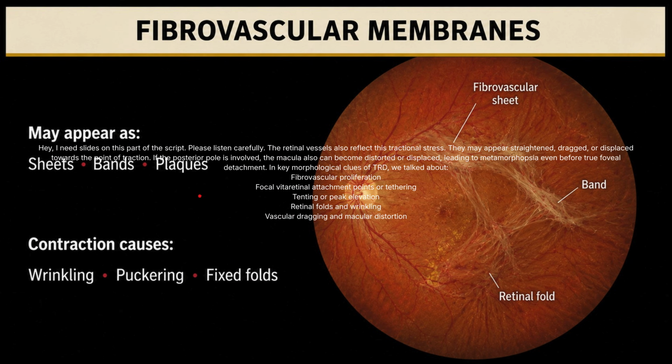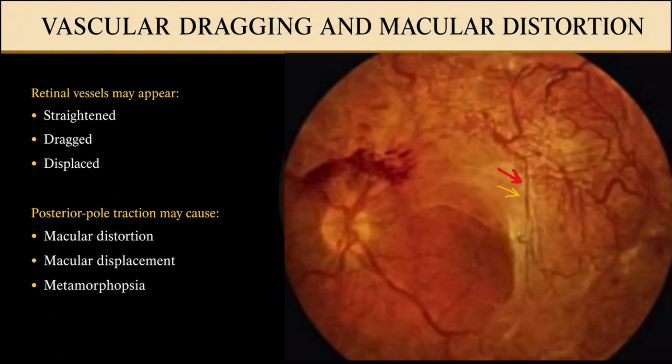Also, fibrovascular membranes may be visible as sheets or bands or plaques on the retinal surface. As they contract, they can wrinkle or pucker the retina, create fixed folds, or distort the normal retinal contour. The retinal vessels also reflect this tractional stress. They may appear straightened, or dragged or displaced towards the point of traction.